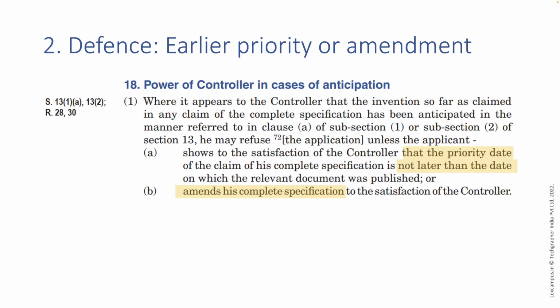As I already mentioned, as a best practice, patent agents do both. It cannot be one or the other, because if the controller is not happy with your arguments and still feels that the document anticipates your invention, then you lose your application. So it's a best practice to do both, argue, and by way of abundant caution also amend your application.